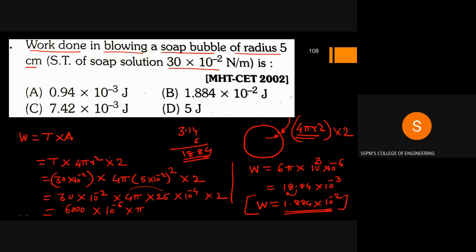Now the correct option is option B. So the formula required is for surface energy, and for the soap bubble, the surface area is 4 pi r square, but for the bubble we consider the inner surface and the outer surface. So multiply here by the factor 2, and this is not for the water drop.